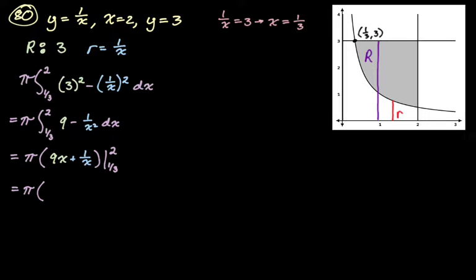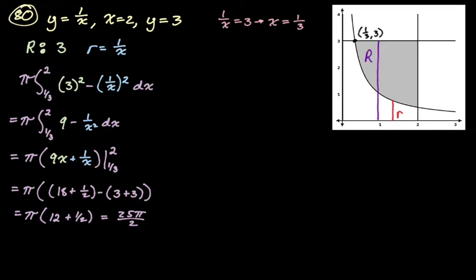Plugging in 2 gives us 18 plus 1/2. Minus plugging in 1/3 is going to give us 3 plus 3. And then we need to simplify this. So this will give us pi times, 18 minus 6 is 12, plus 1/2. So overall, we are getting 25 pi over 2.